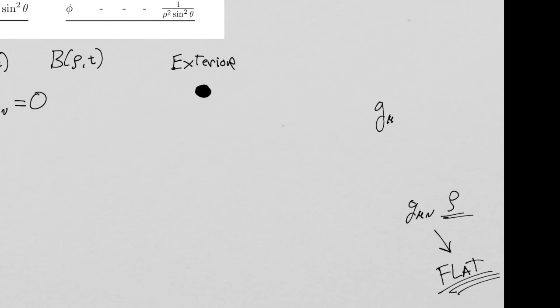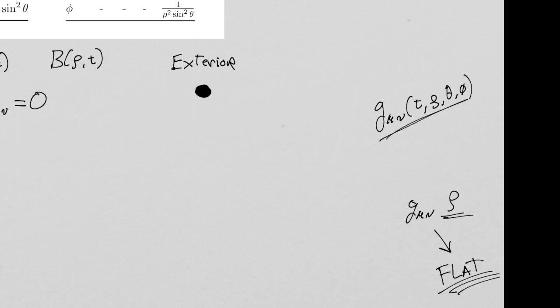G mu nu of R and T, presumably, right? It's a function of all 4 coordinates: T, rho, theta, and phi, right?